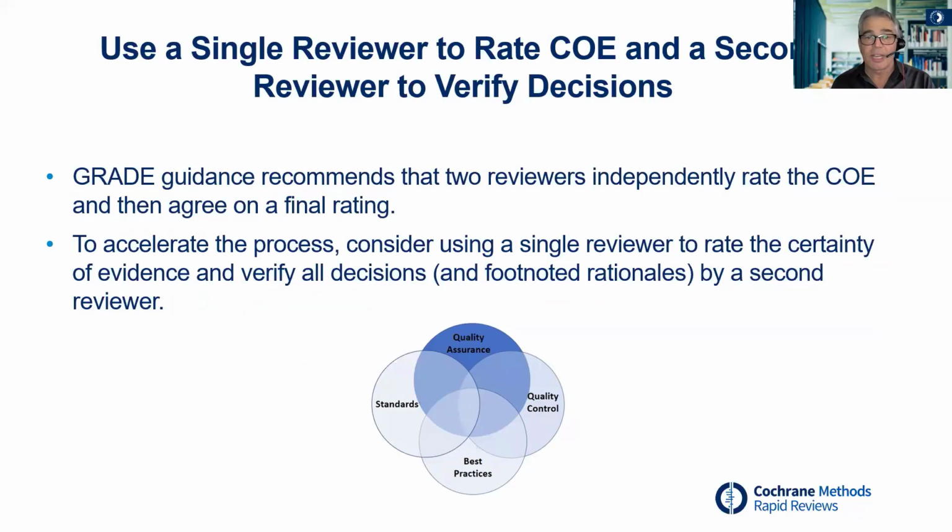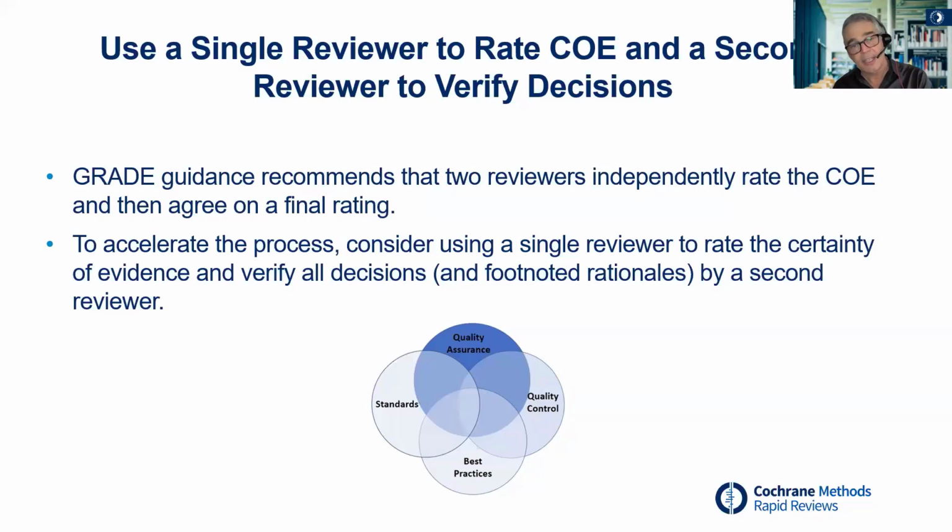GRADE also advises that 2 separate reviewers independently assess the certainty of evidence. This ensures a balanced and robust rating, but it is also pretty time-consuming. So for a more expedited approach, consider appointing a single reviewer to initially rate the certainty of evidence.